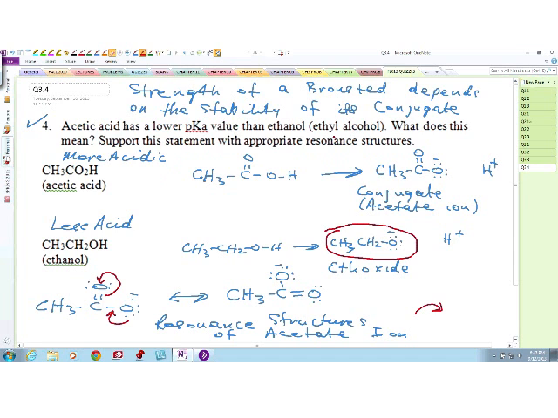Okay, what I want to do now is give you a little bit more information on chapters 1 and 2 before we actually move to chapter 3, because we will need this information in chapter 3.